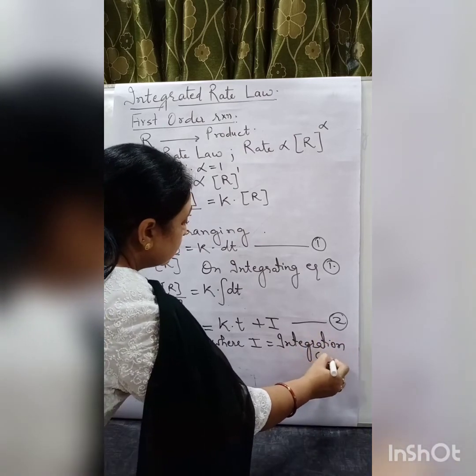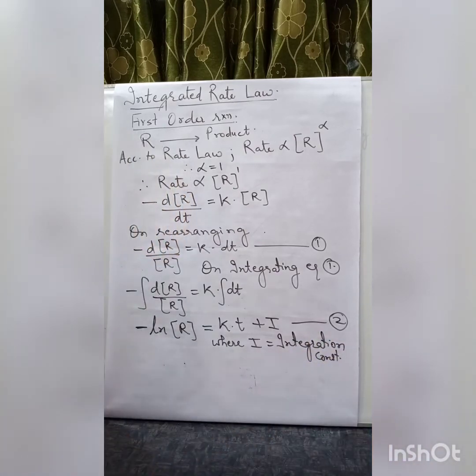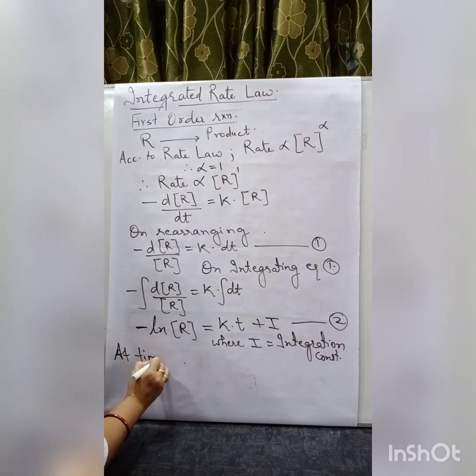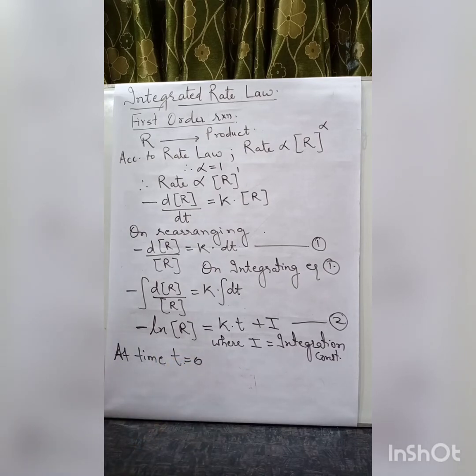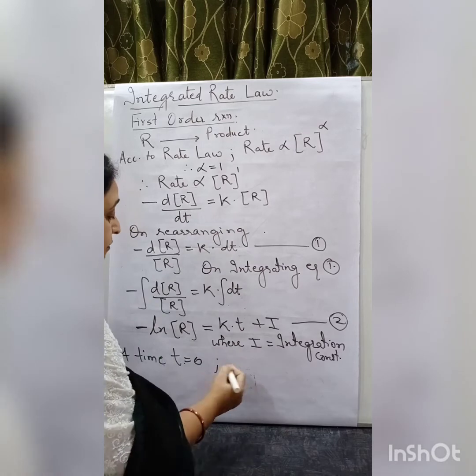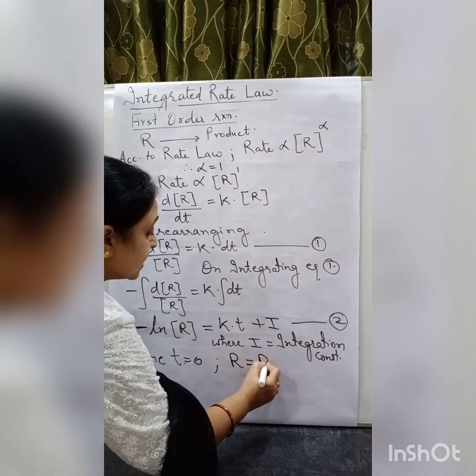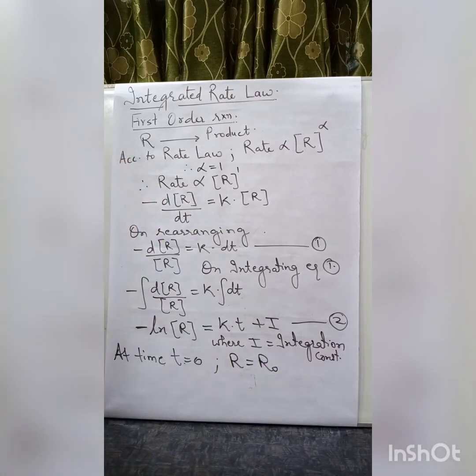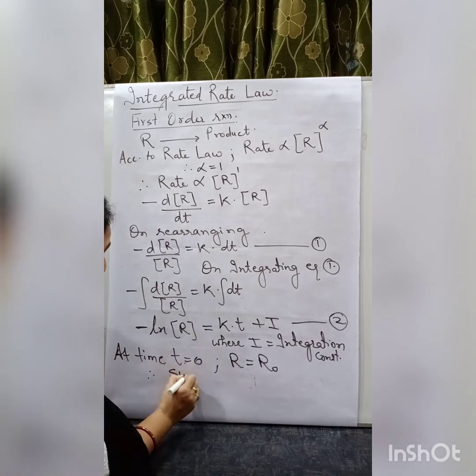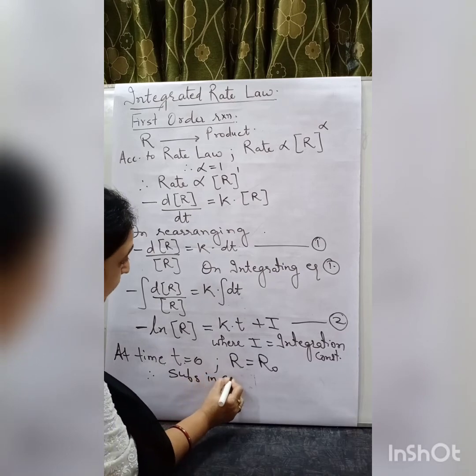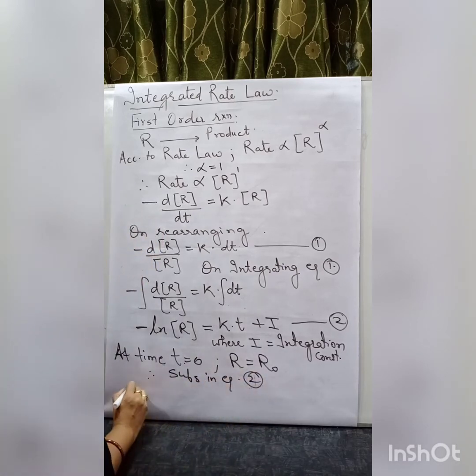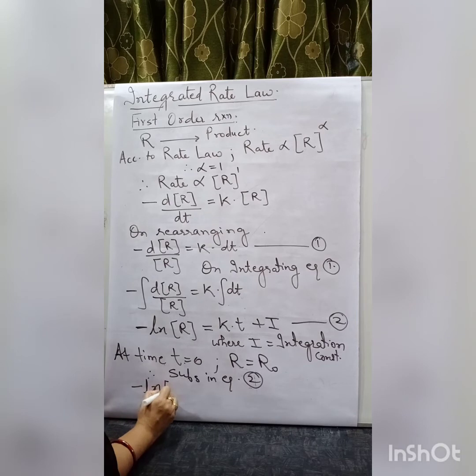Now let us find out the value of this integration constant. At time t is equal to 0, that means the reaction has not started. That time the final concentration is equal to initial concentration. Therefore, substituting in equation number 2, what do you get? Minus ln, now instead of R, it will become what?